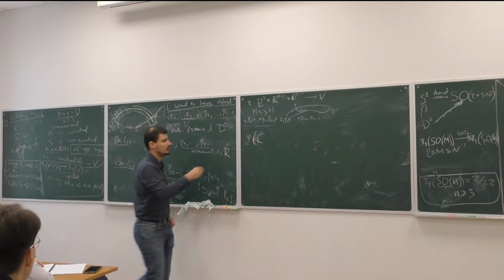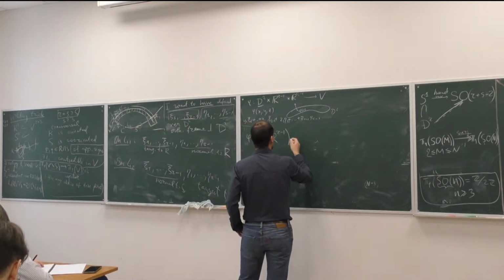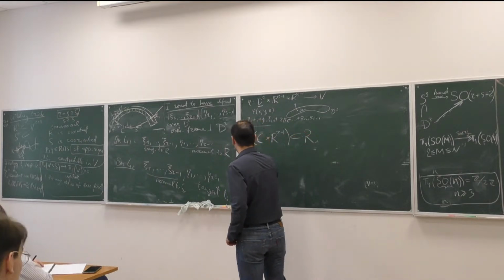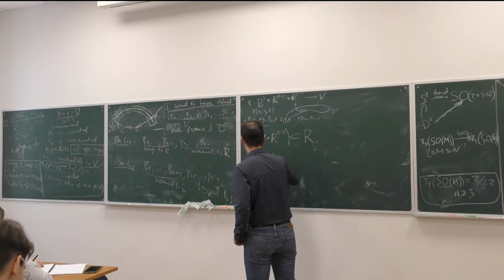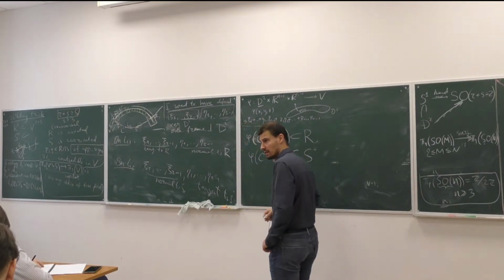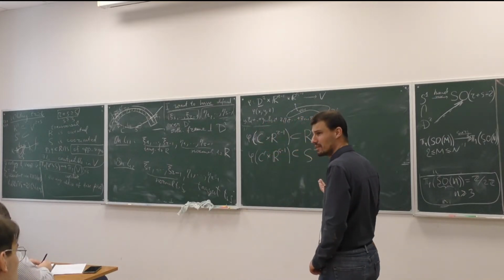Phi of C cross R minus 1 is in R, and phi of C prime cross S minus 1 is in S. It is not completely true.